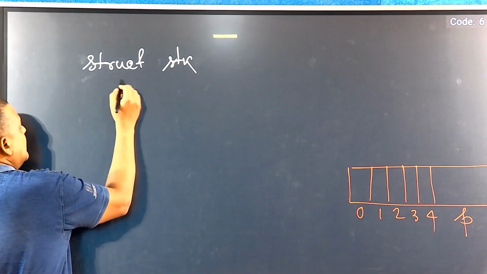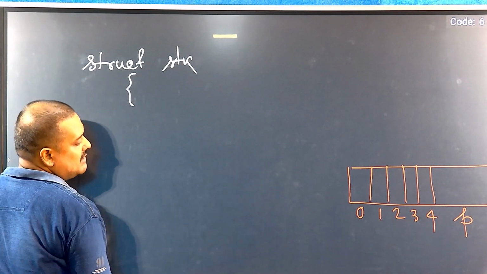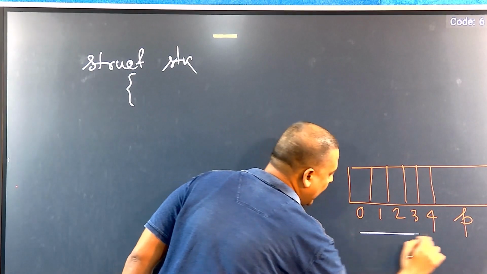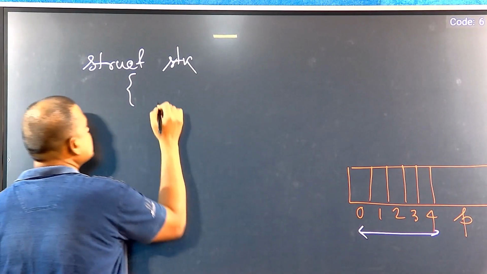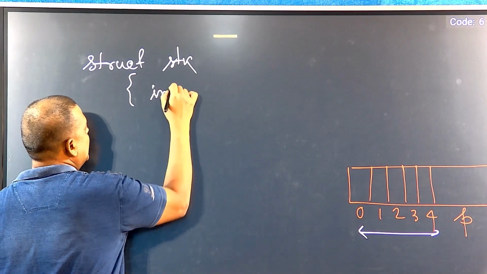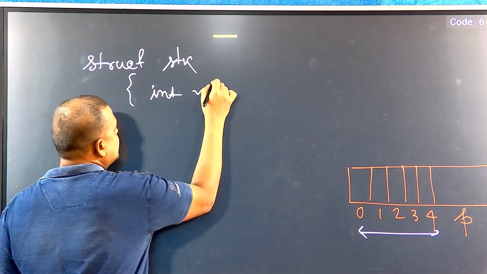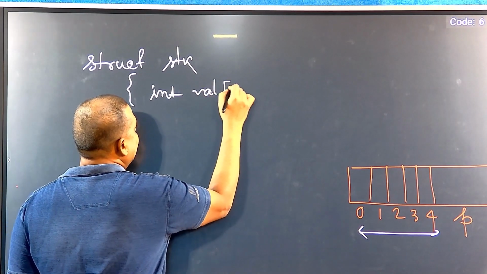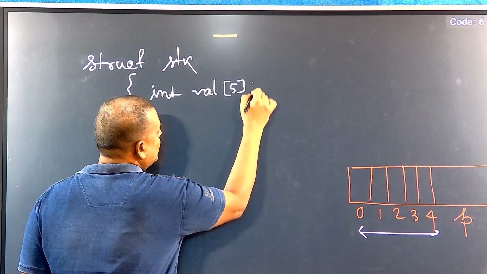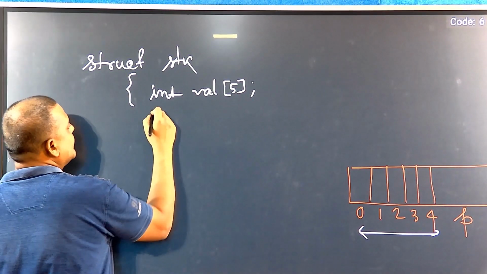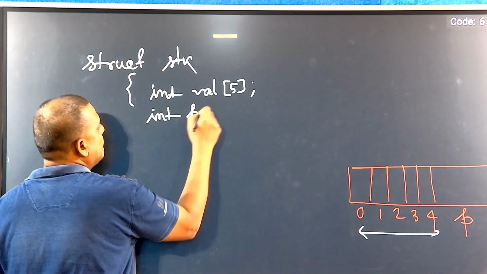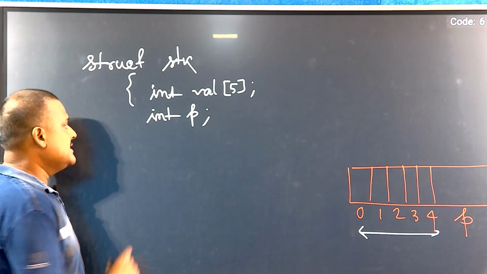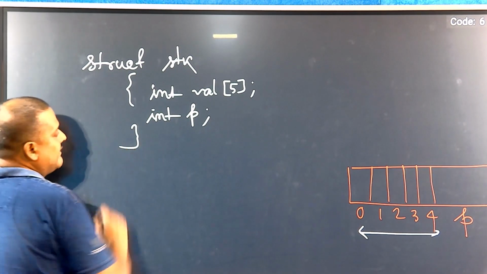Then who are the members? One array of size 5 of type int, say for example this is VAL, its size is 5, 0 to 4, and another variable that is P. So, this is the framework that we have created.